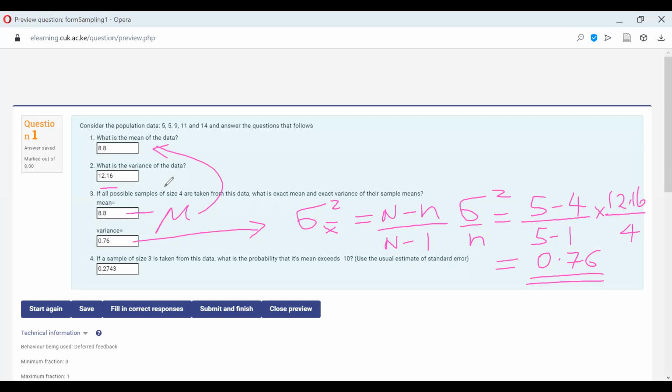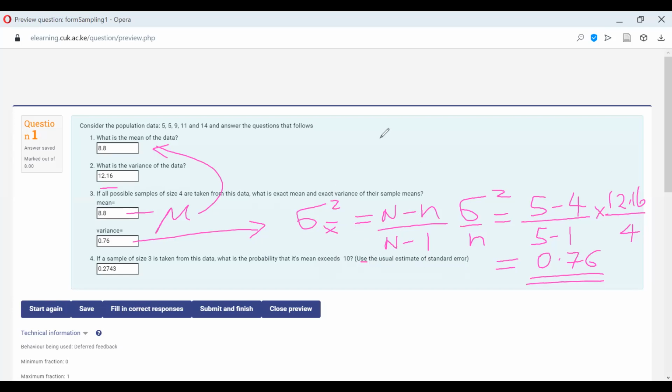Now we go to the last question, which is talking about a sample size of 3 taken from this data, provided that the mean exceeds 10. Now here, we may estimate the variance of this new variable using this formula, but I have stated here that you use the usual estimate of standard error.